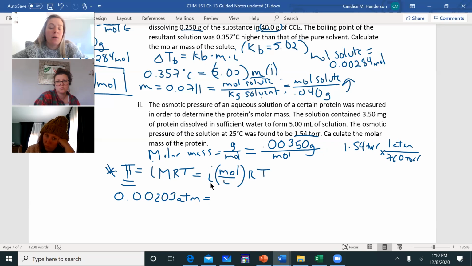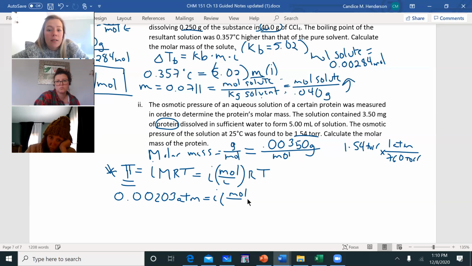I is our van't Hoff factor. It doesn't tell us anything else outside of it being a protein. So if it doesn't tell you your I value, assume an I value of 1. And a protein is in fact going to have a van't Hoff of 1 because it's a molecular compound, so it doesn't break apart into ions. Do I know my moles? No. I'm trying to find moles.